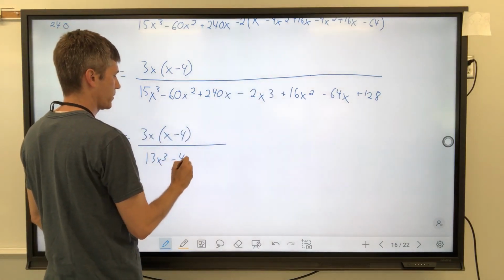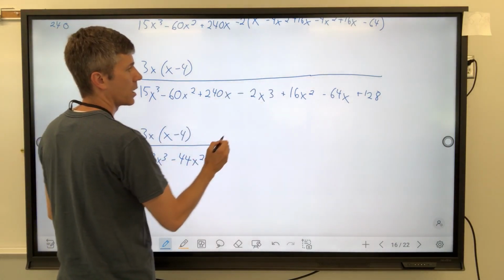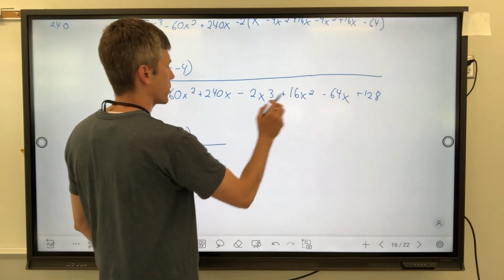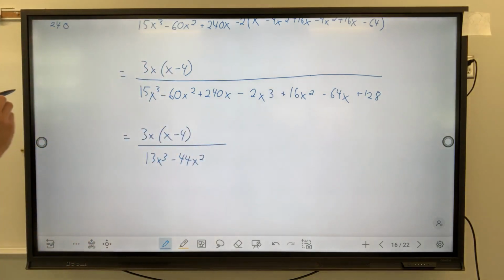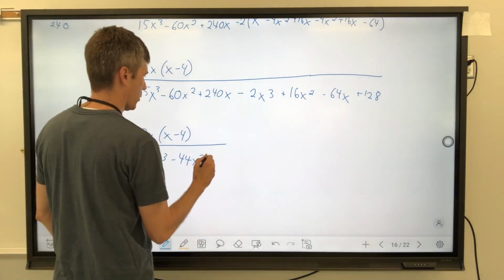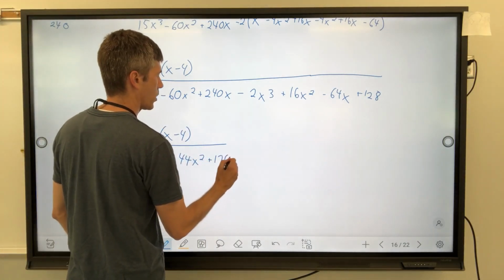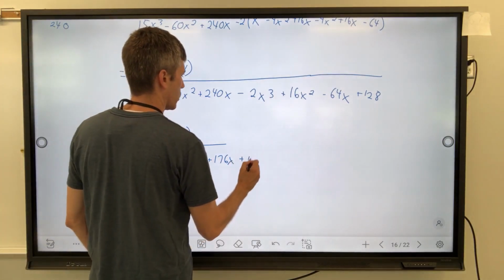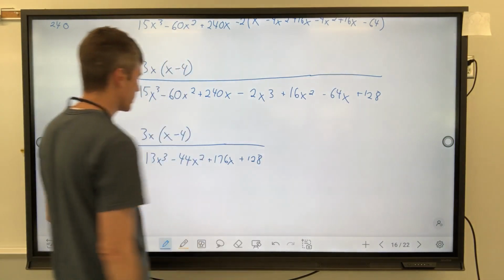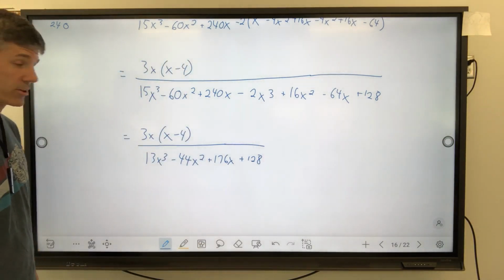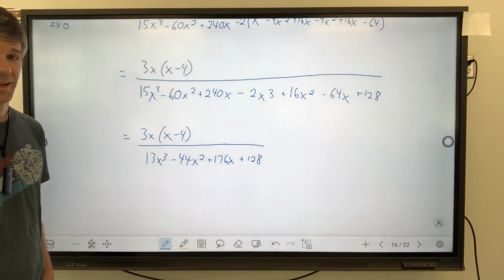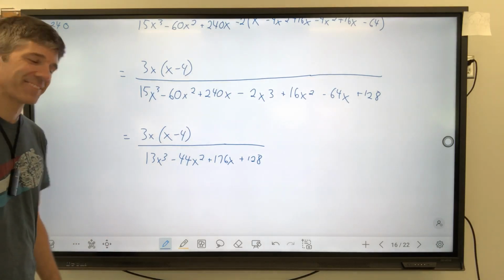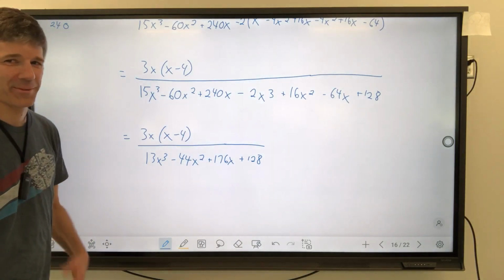Negative 44. It's not going to factor. And 240 minus 64 is 176x. And then 128. Okay. If you wanted to try factoring by grouping in the denominator, you could. You can't go any further with that. I'm sorry. That was fun, wasn't it? Sometimes they get complicated.